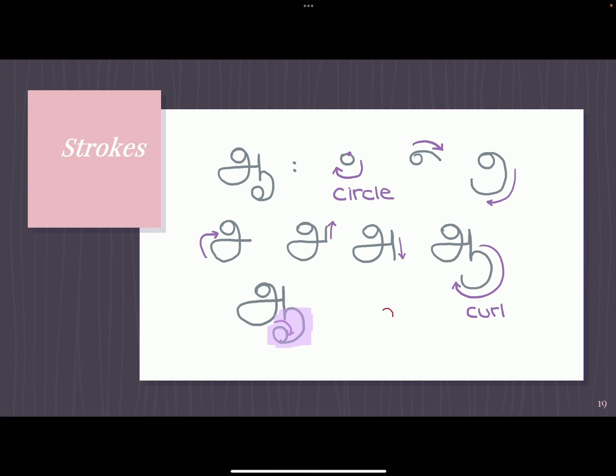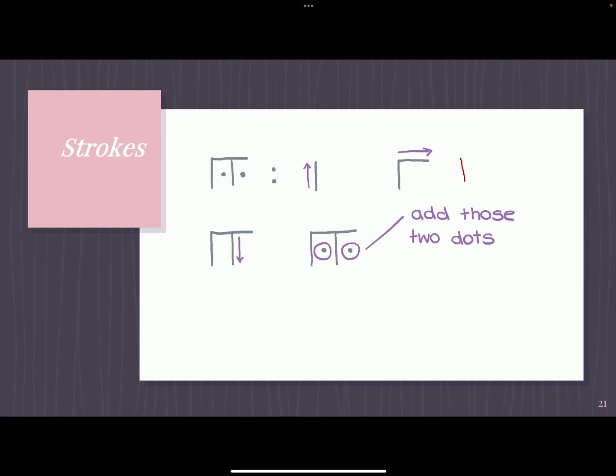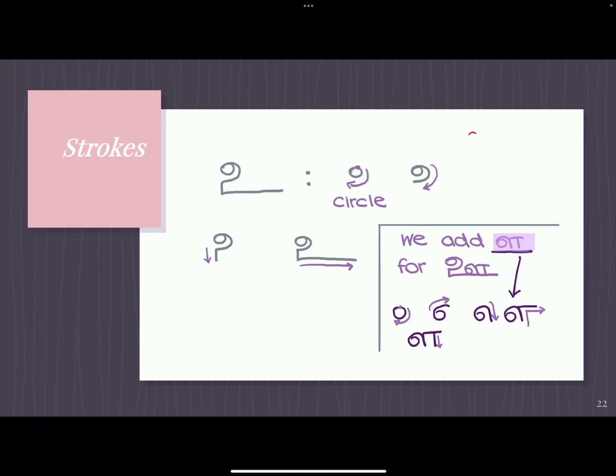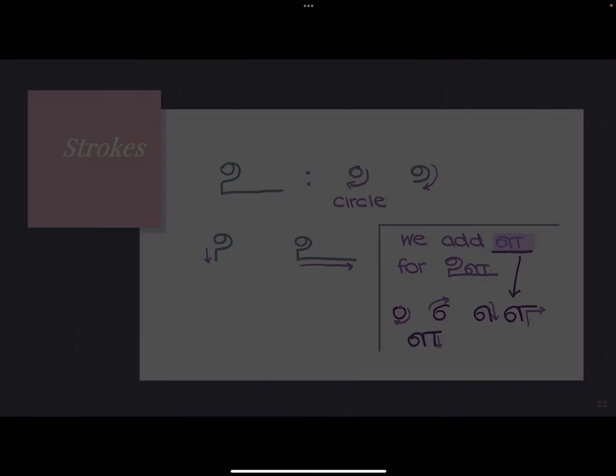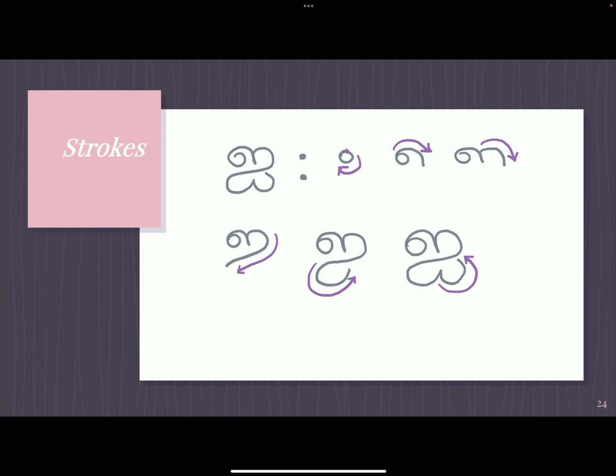Then we have the longer A. Then we have I, the longer I. U, and the longer U. Then we have E and E. The next one is AI.